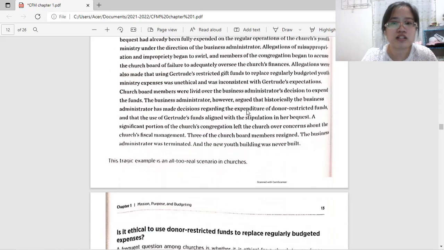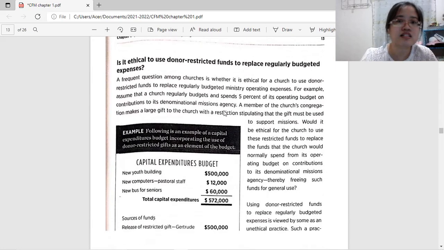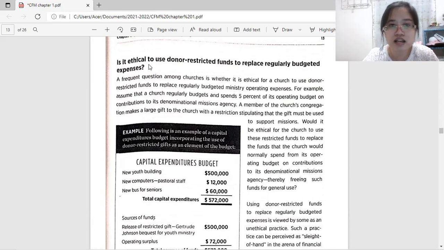But then they suddenly wanted to use it for the building, for the use of the youth, only to find out that the donation was already utilized. So here's a question: is it ethical to use donor restricted funds to replace regularly budgeted expenses?